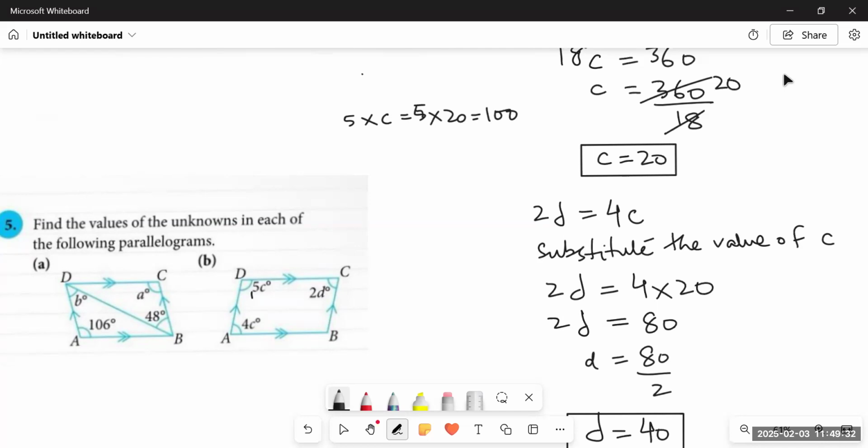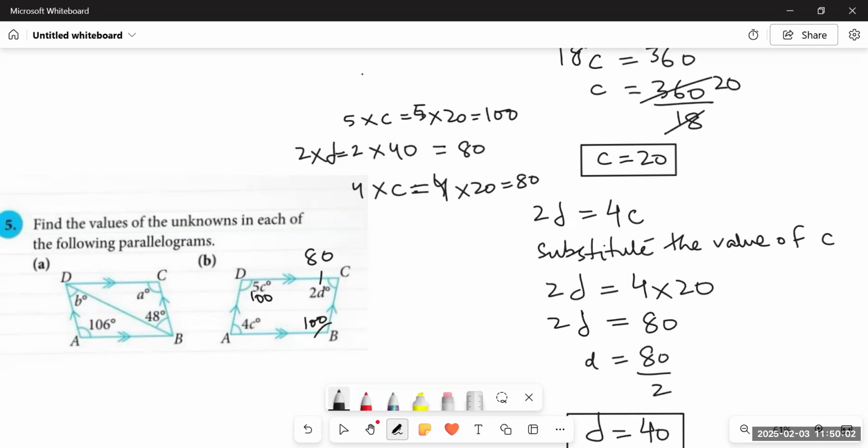It means this is 100. At this point, it is 100, so it should be also 100. Then 2D. 2D means 2 multiplied by D is equals to 2 multiplied by 40, which is 80. So this is 80. And so this should be 80 as well. 4 multiplied by C. So 4 multiplied by 20. It is also 80.